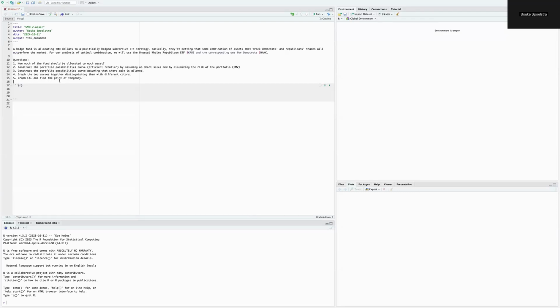So we have a hedge fund that's allocating $50 million to a politically hedged subversive ETF strategy. Basically, I found these 2 ETFs, Cruise and Nance, that represent subversive ETFs from Unusual Whales for Republican and Democrat trading.